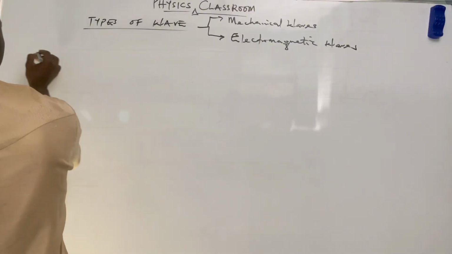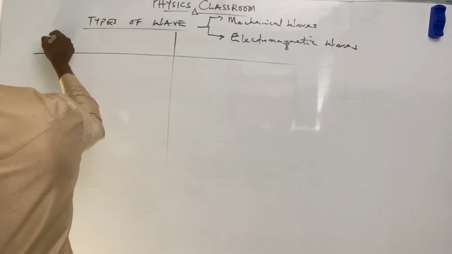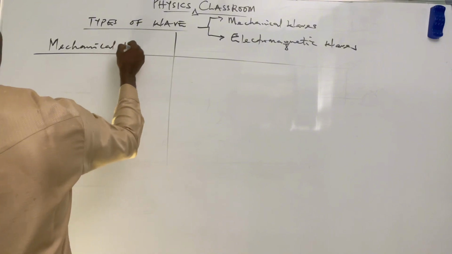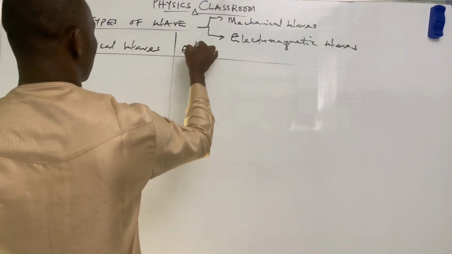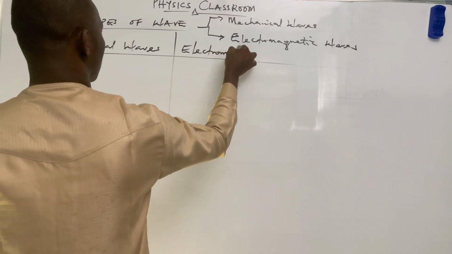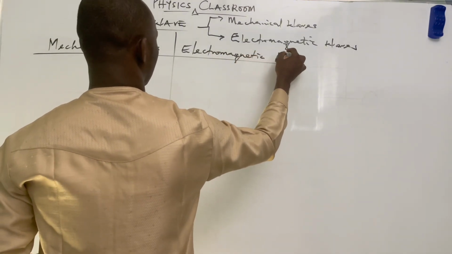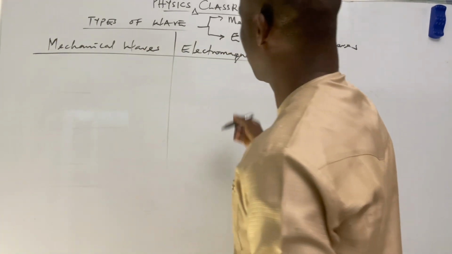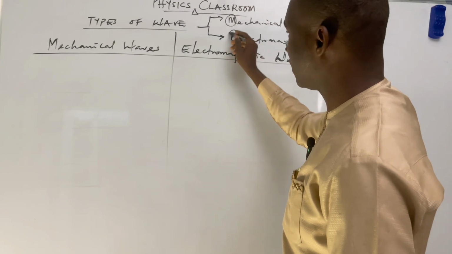Now, I will use a table to quickly differentiate between both. The first column will be for mechanical wave, while the second column will be for electromagnetic waves. For mechanical wave, you realize that I started with M here and I started with E here.